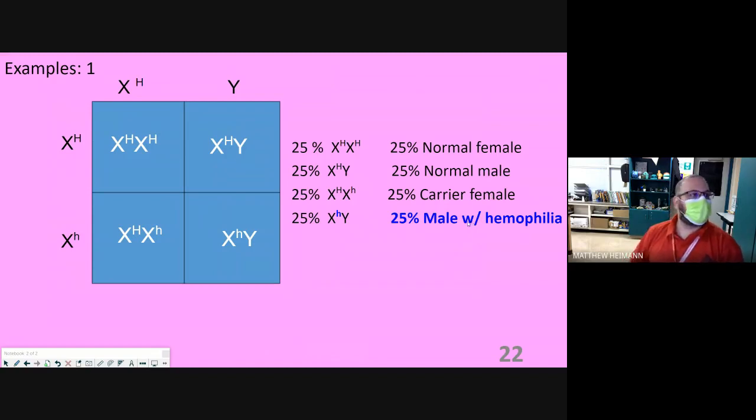So if the mother is a carrier for color blindness, there's a 25% chance the offspring will be colorblind male. Oh, this one's hemophilia. Okay, good point. Yeah, so this was the mother, the carrier for hemophilia. So 25% of the offspring will be a hemophiliac.